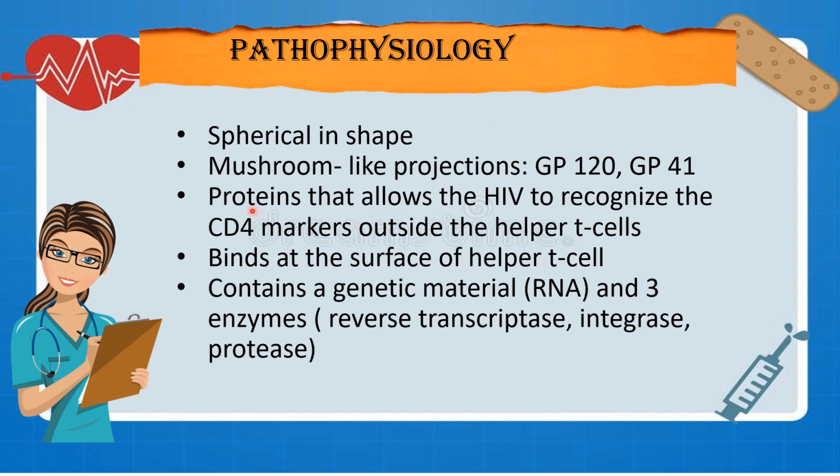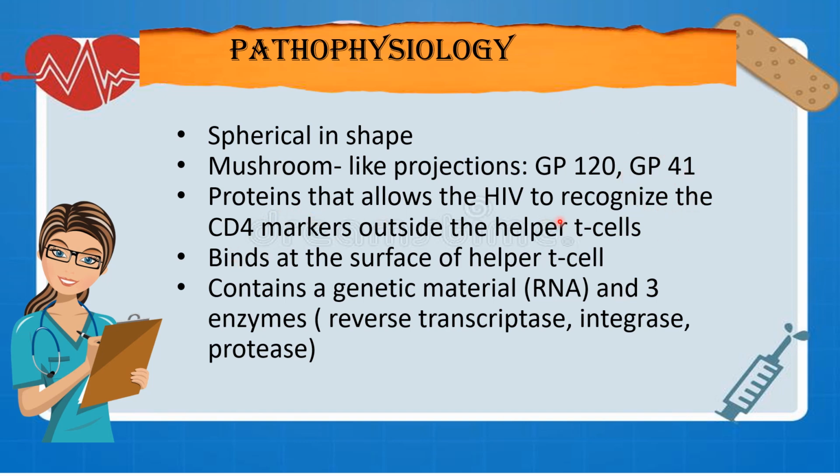It has mushroom-like projections. We have GP120, a molecule of HIV-1, which is a glycoprotein that is part of the outer layer of the virus. It presents itself as viral membrane spikes consisting of three molecules of GP120 that are linked together and anchored to the membrane by GP41 proteins.